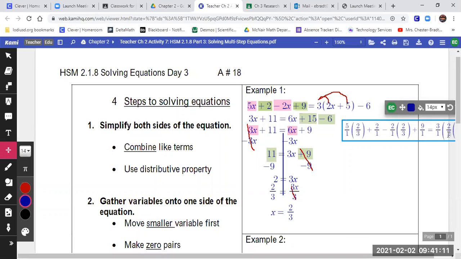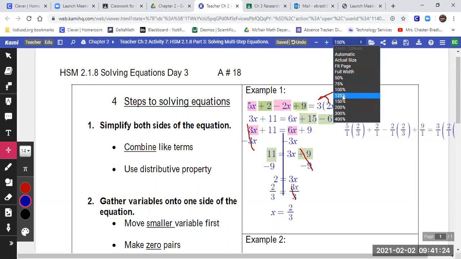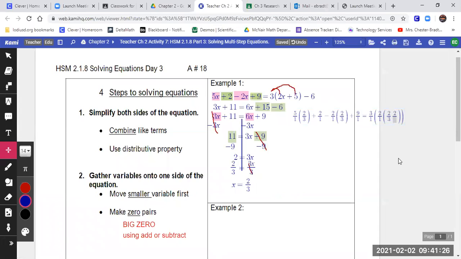That should be a 1. So all of this is turning into fractions because our answer was a fraction, so we have to work with fractions. Let me make this a little smaller. Oops, I had one too many 2 over 3s in there.